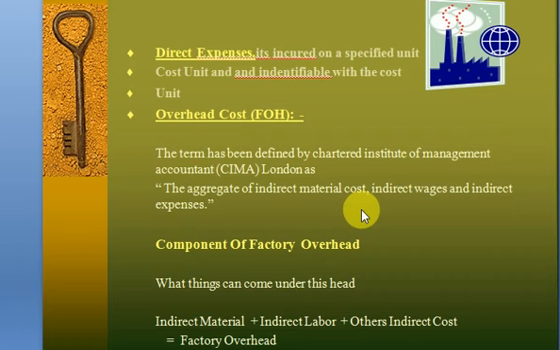Factory overhead. So factory overhead includes all the indirect cost incurred for the operations of manufacturing or production divisions in the factory.